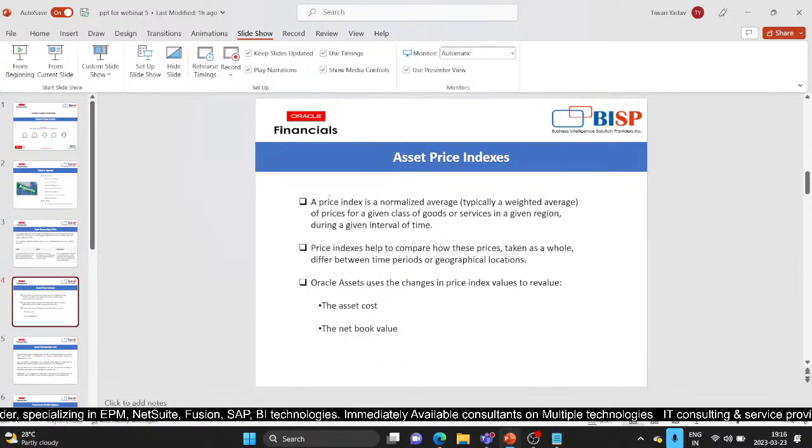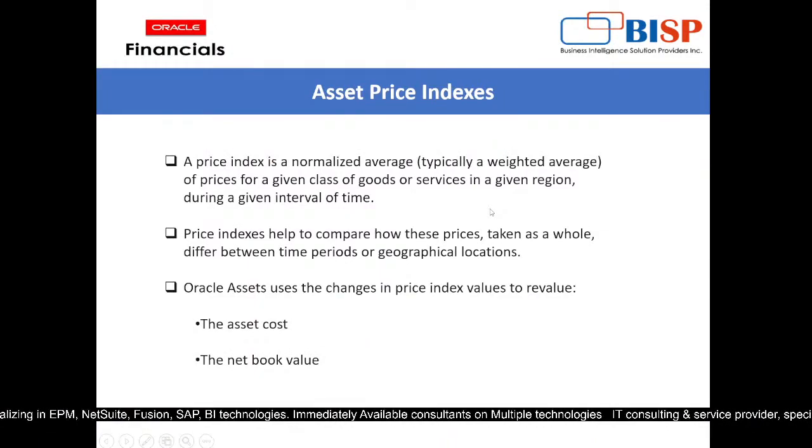Now moving to asset price indexes. So a price index is normally a normalized average, typically a weighted average of prices for a given class of goods or service in a given region during a given interval of time.